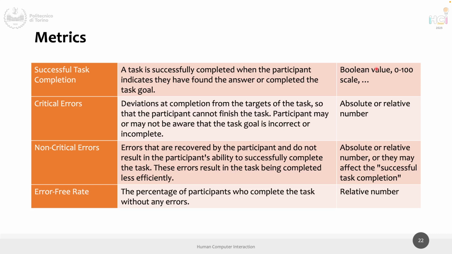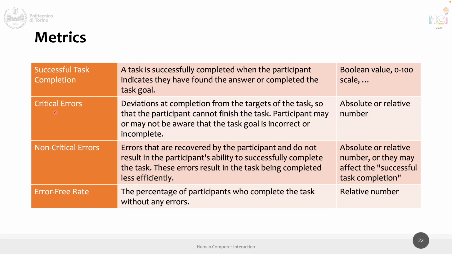These kinds of errors are non-critical errors that are reported below. So you can consider a task still successfully completed with 90 out of 100 or 9 out of 10 on the scale, with some non-critical errors. You cannot with critical errors, because critical errors are deviations at completion from the target of the task, so that the participant cannot finish the task.